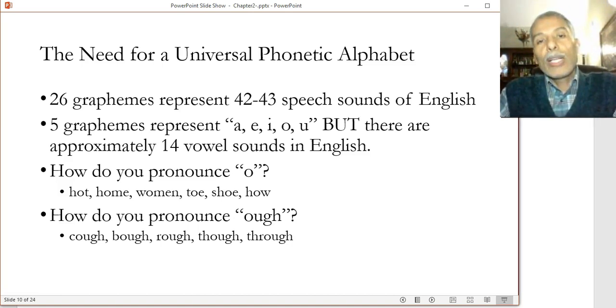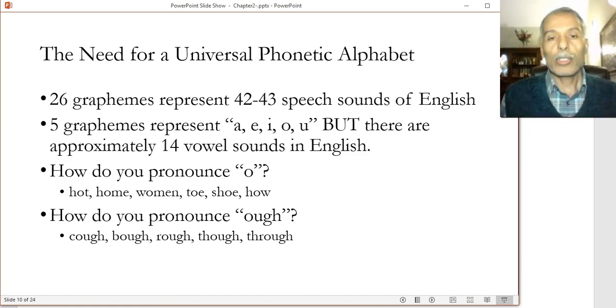Now, I have explained why we need a universal phonetic alphabet, especially the International Phonetic Alphabet. It is used to transcribe any language in the entire world.